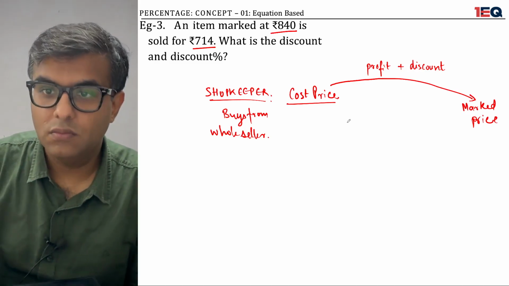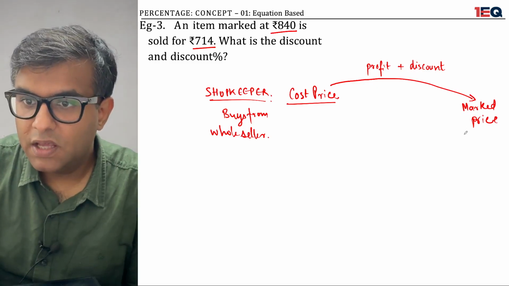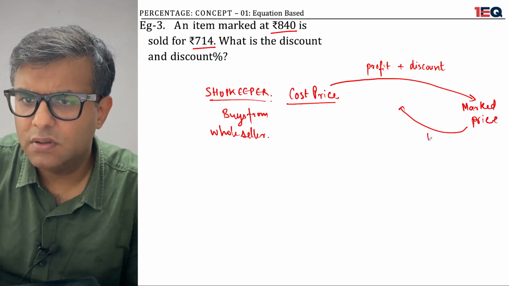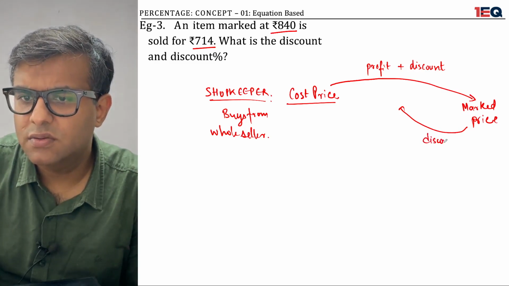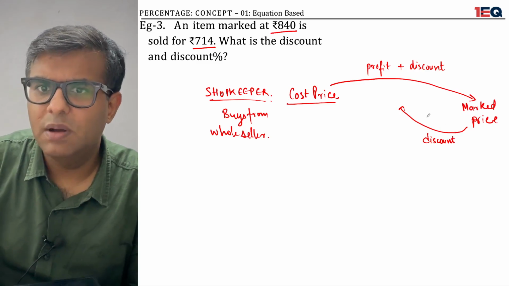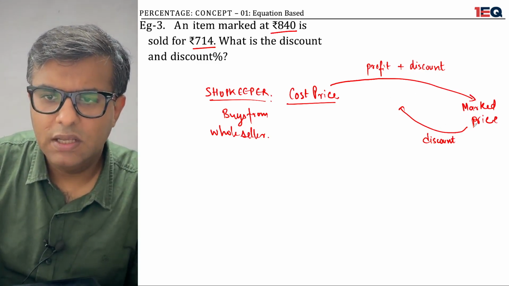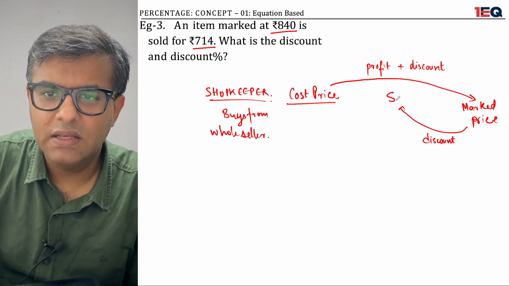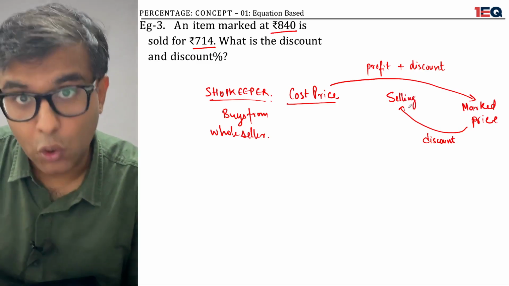And look how it turns out to be. He gives a small discount or maybe even a large discount just to attract the public. He gives a discount and he reaches a point where he is ready to sell the goods.